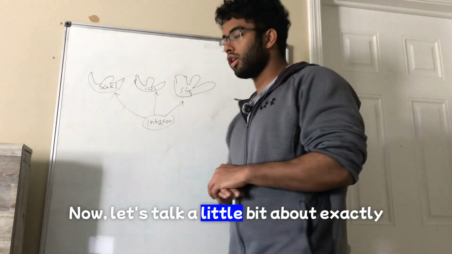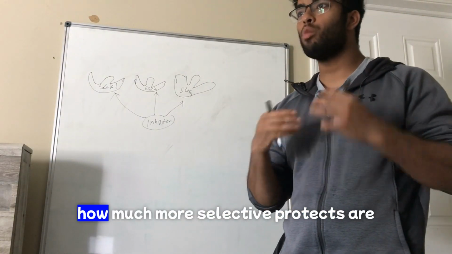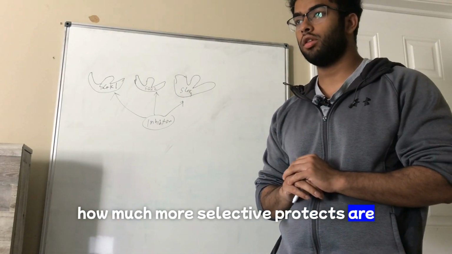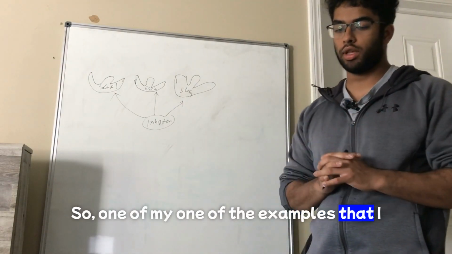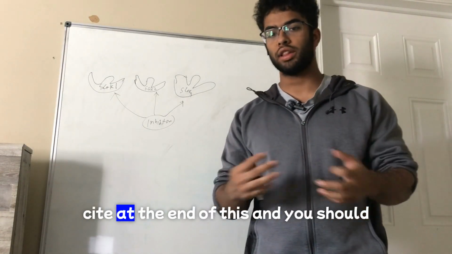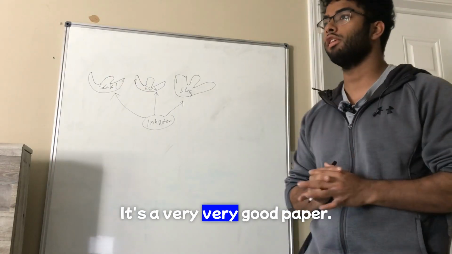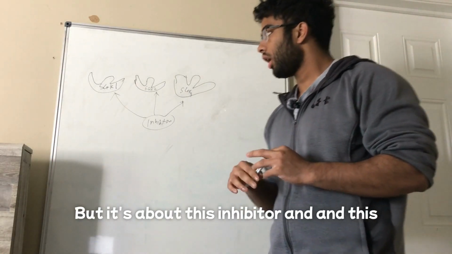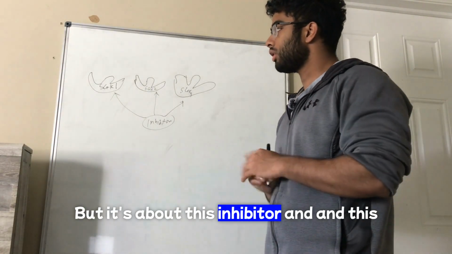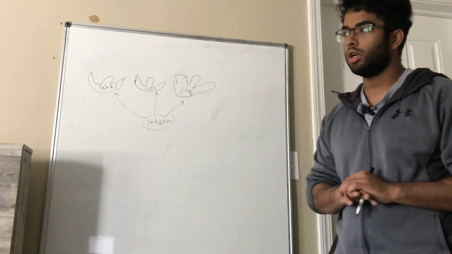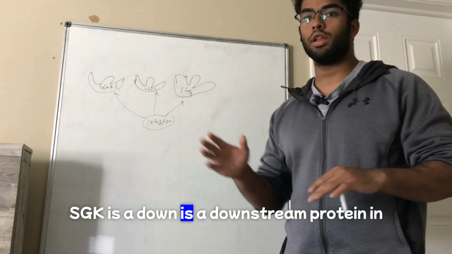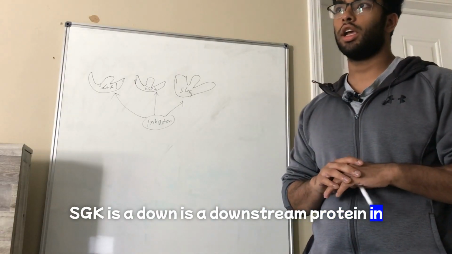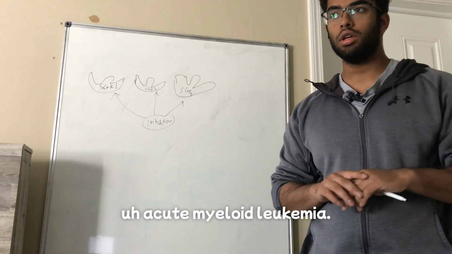Now let's talk a little bit about exactly how much more selective PROTACs are than inhibitor drugs. One of the examples that I use is from a paper that I'm going to cite at the end of this, and you should read it yourself. It's a very, very good paper, but it's about this inhibitor and this SGK problem. A very brief background is that SGK is a downstream protein in acute myeloid leukemia.